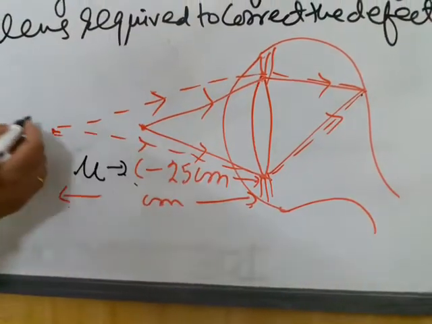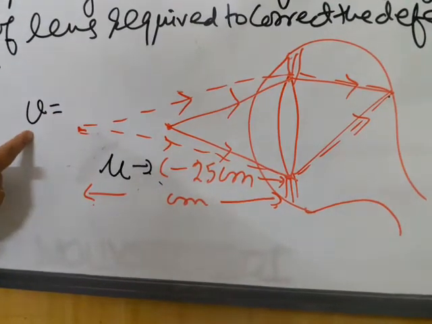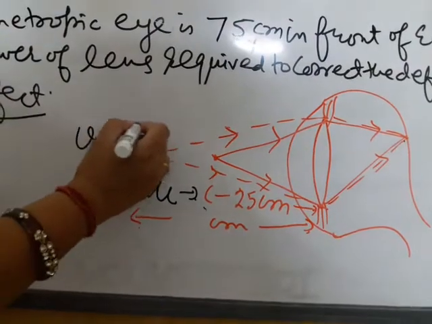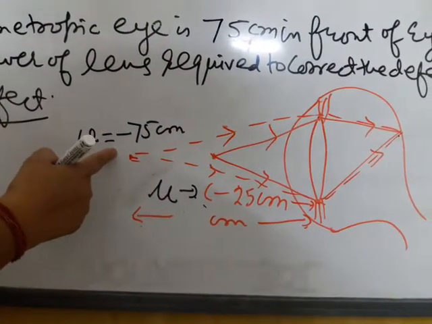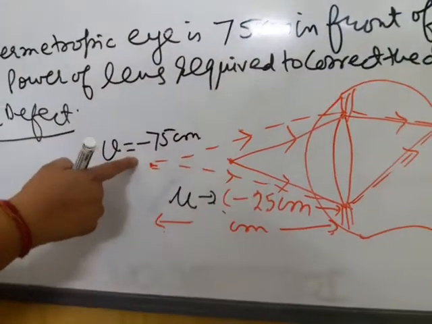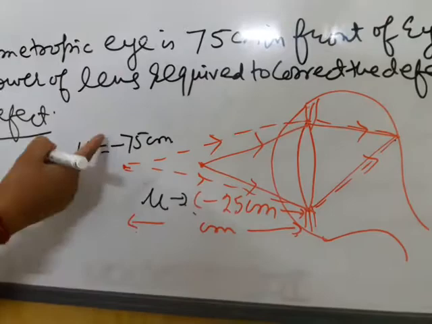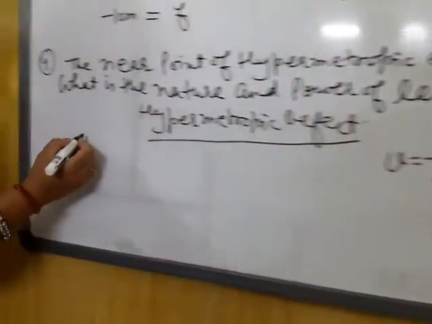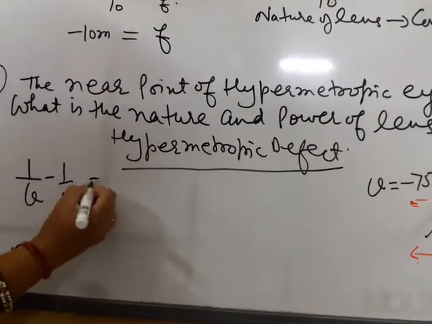But where a hypermetropic person can see clearly, that is 75 centimeter, and I have taken minus 75 centimeter, and U is also minus 25 centimeter because they both are on the left hand side. So again let's apply the lens formula and solve it.